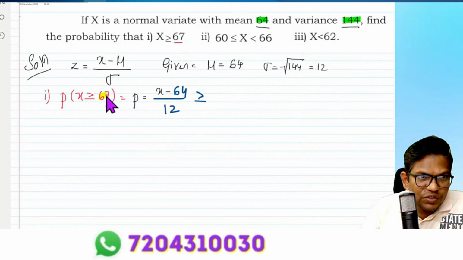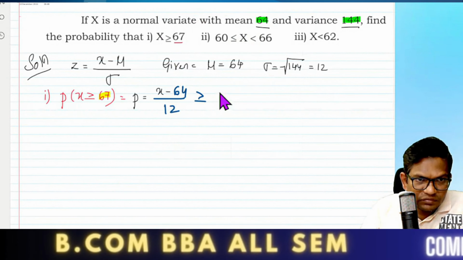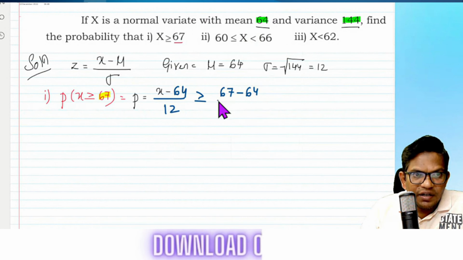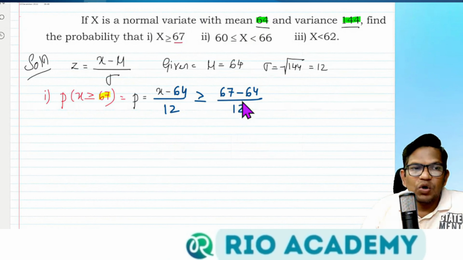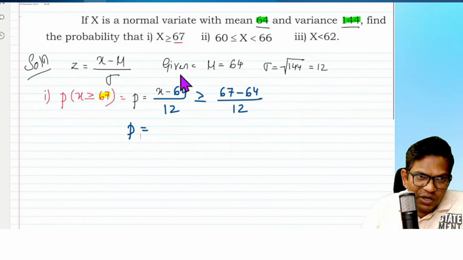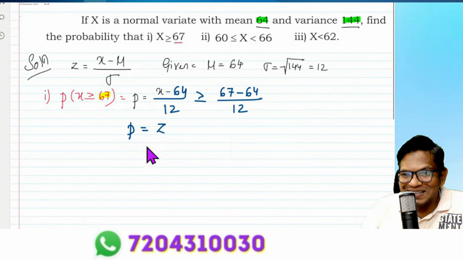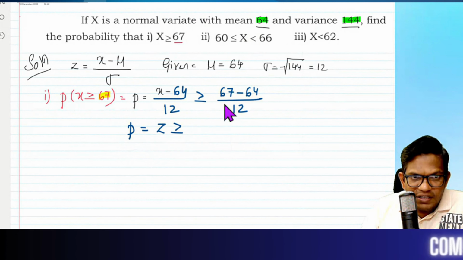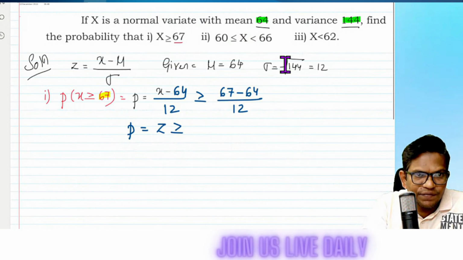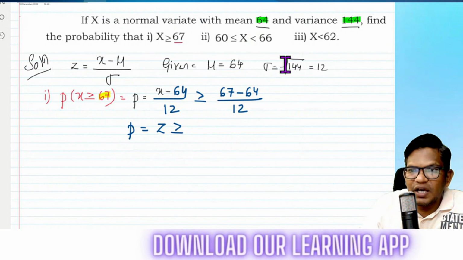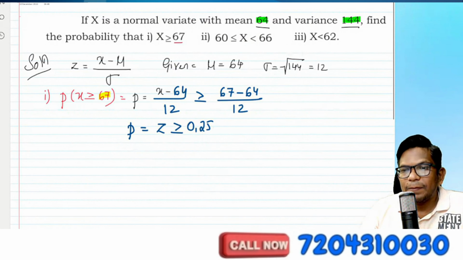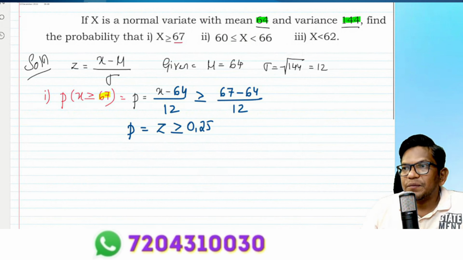Here X is equal to 67, minus 64 divided by 12. So this is ultimately the Z test: P of Z greater than or equal to (67 minus 64) divided by 12, that is 0.25.